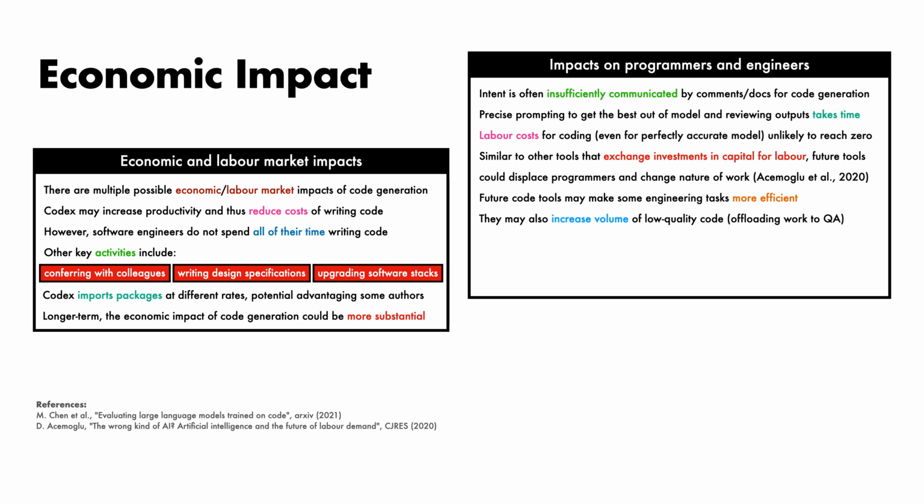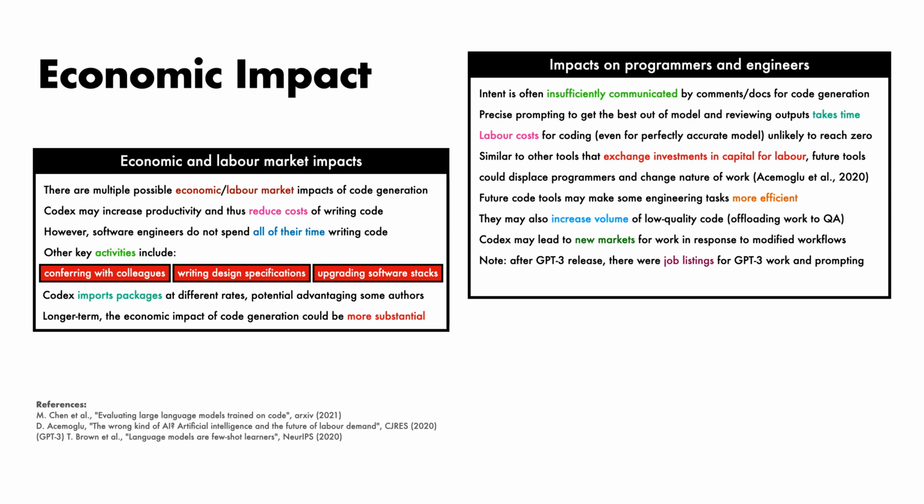It's also possible that models like Codex will lead to new markets for work in response to the modified workflows that come from working with code generation. On this front, the Codex authors note that after the GPT-3 release, some companies produced job listings that included working with GPT-3 and prompt writing. Codex may similarly lead to new kinds of work.